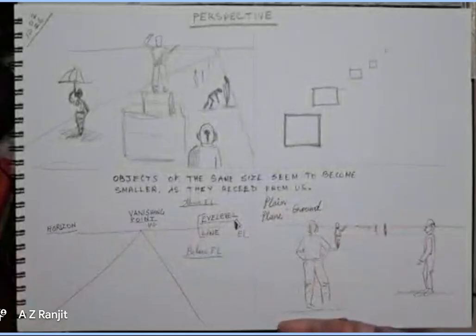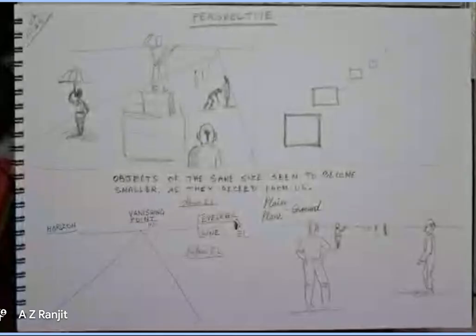When we talk about planes, P-L-A-N-E, not that plane, but flat area, a plain glass, as we say, a plain board, which is not undulating, it is flat. Many of the drawings that we'll be doing will be talking about that.